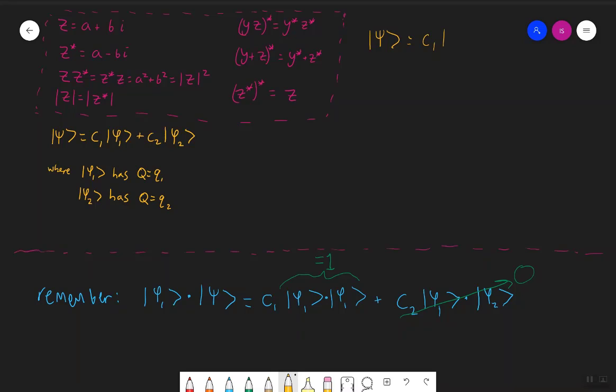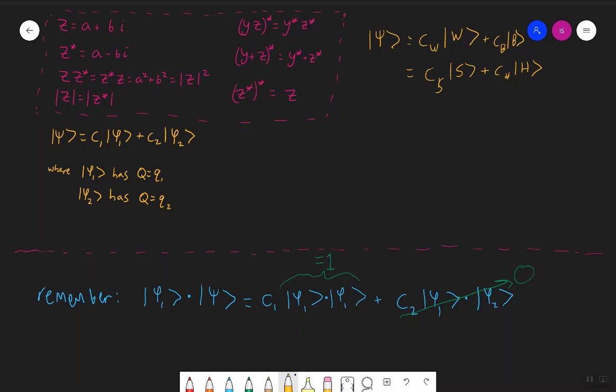Actually, right now I'm going to do this in terms of color and hardness, just so we can see this a little better. So we've got C white times the white unit vector, and remember, all of these can be complex numbers now, plus C black times the black unit vector, which is equal to, in the hardness basis, C soft times the soft unit vector plus C hard times the hard unit vector.